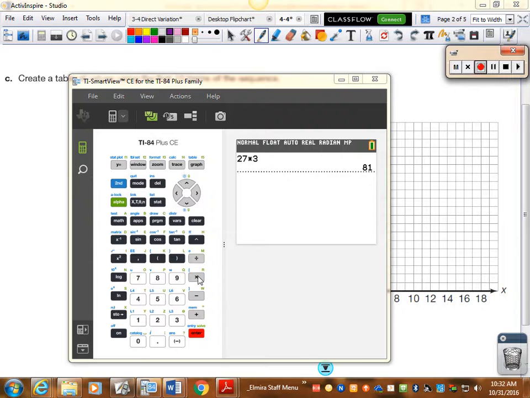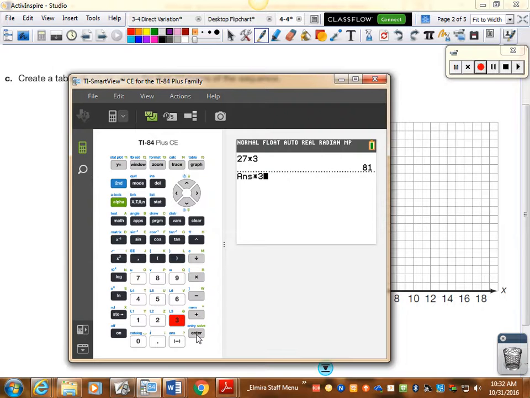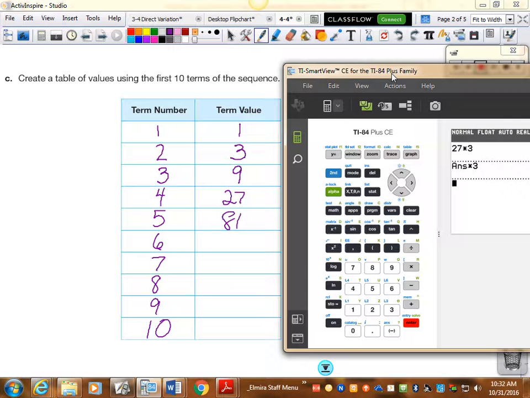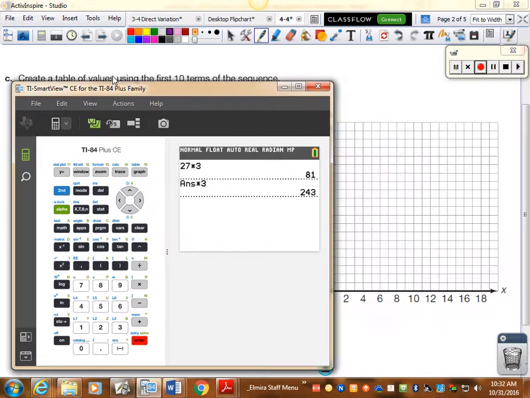It's probably also not a surprise that I could just click times 3 again, and I see ANS times 3, and I get 243. Okay, well that's not that exciting, Mrs. Andrews. Okay, but I don't have to type anything anymore except the enter key.